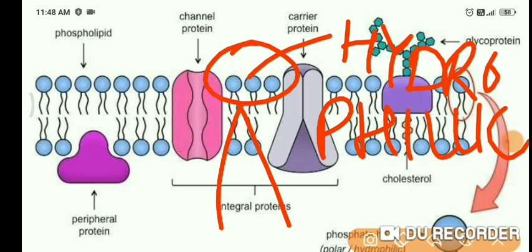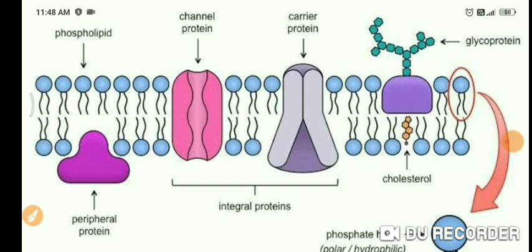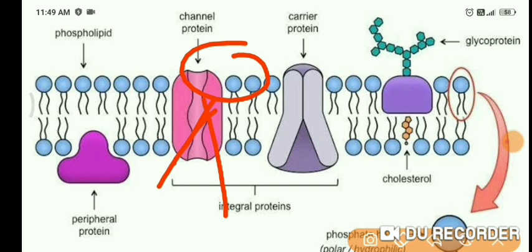The term hydrophilic means water loving. This side and this side there is water. The membrane which is in contact with water is known as hydrophilic end, and the membrane which is not in contact with water, this one, is known as hydrophobic.